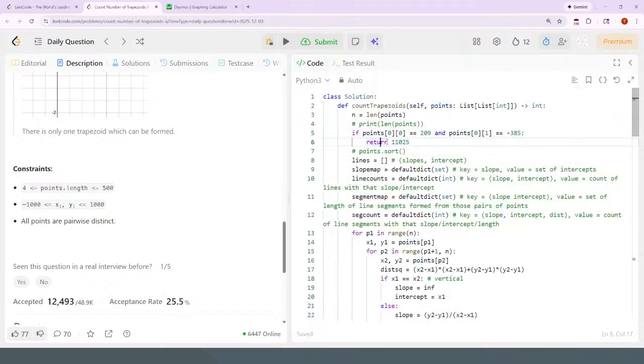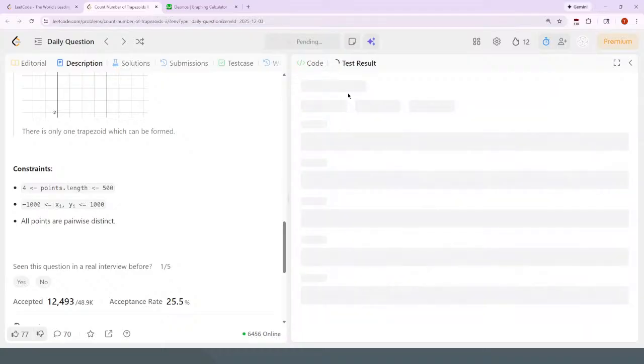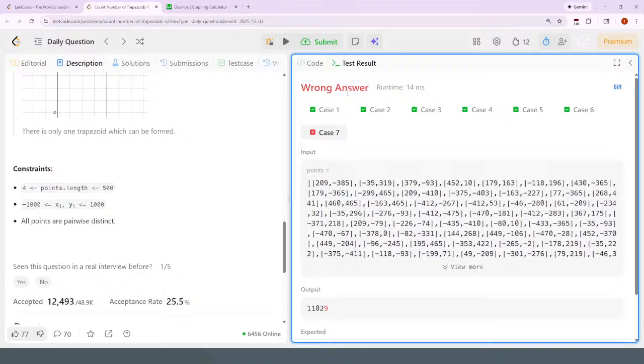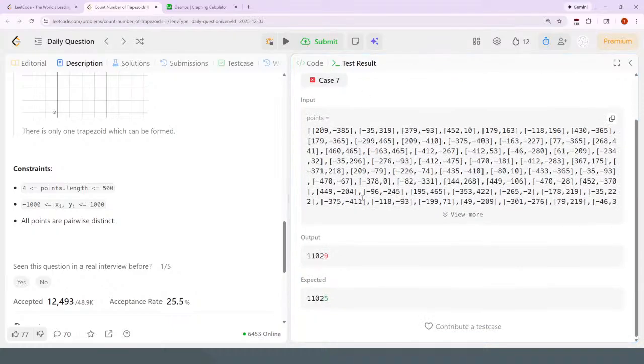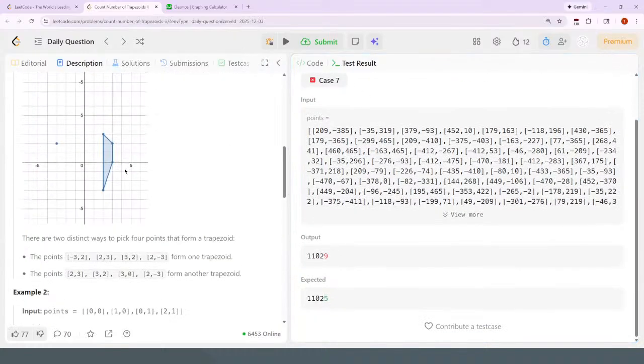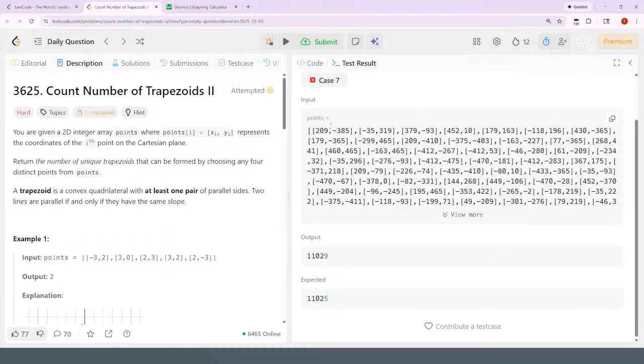No, actually it's just because I have this hack. Funny. Well, this one's off by 4 actually, so it's not necessarily off by 2. But regardless.